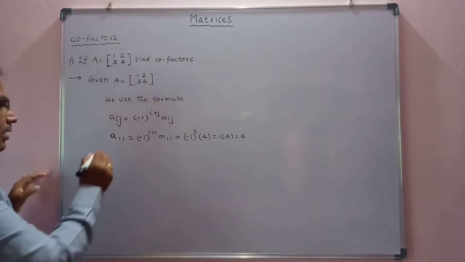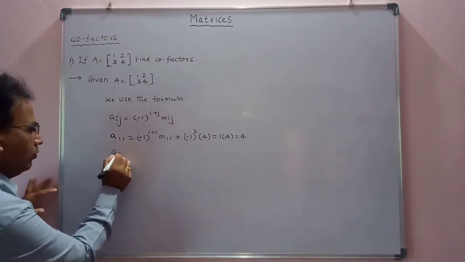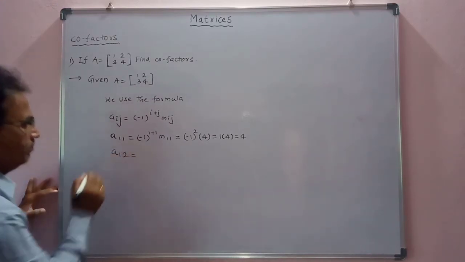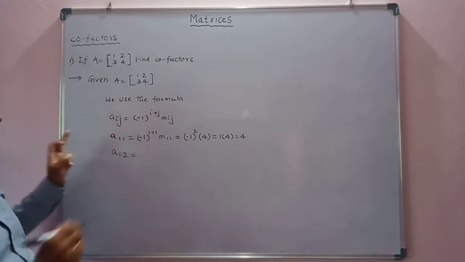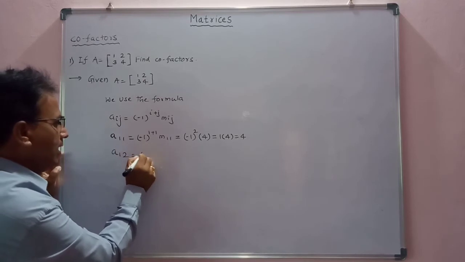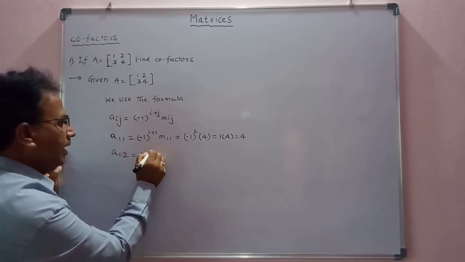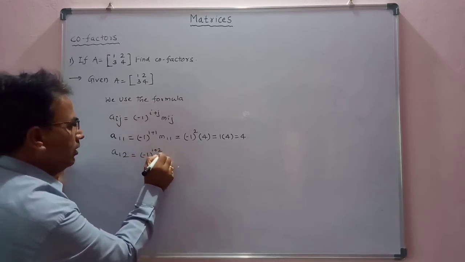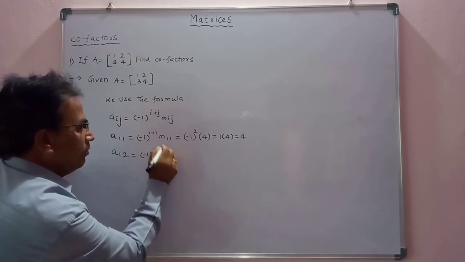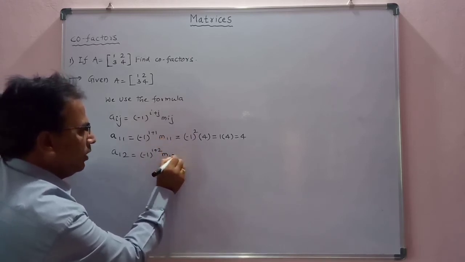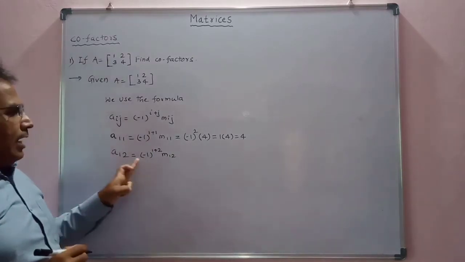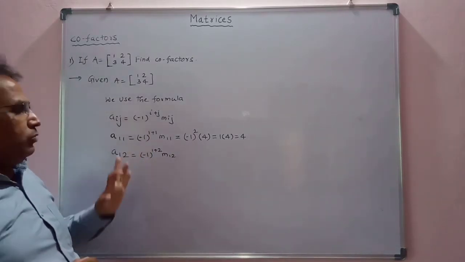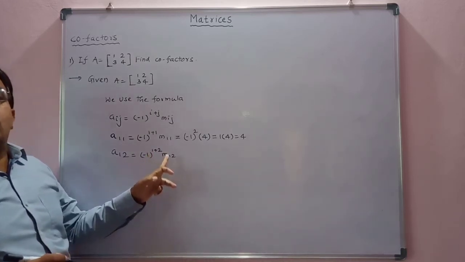Okay. Next is a12, first row, second column. The value of i is 1 and the value of j is 2. We use this formula, minus 1 raised to 1 plus 2 into m12.